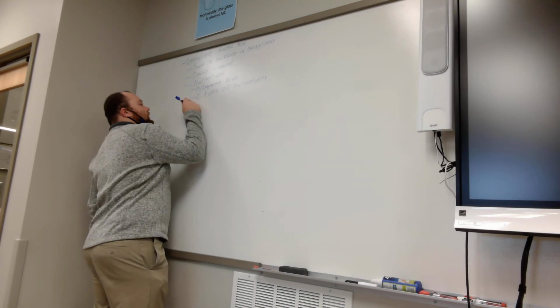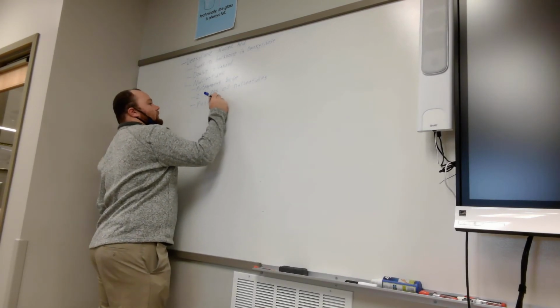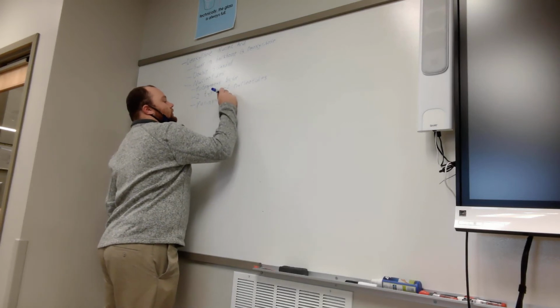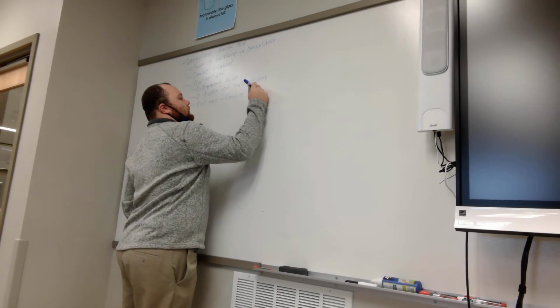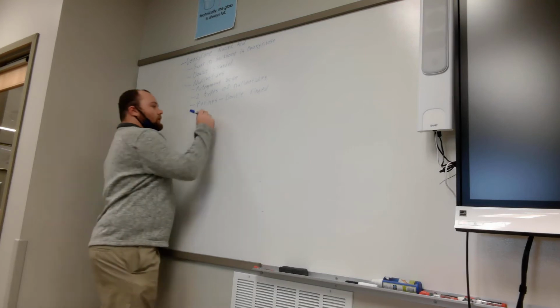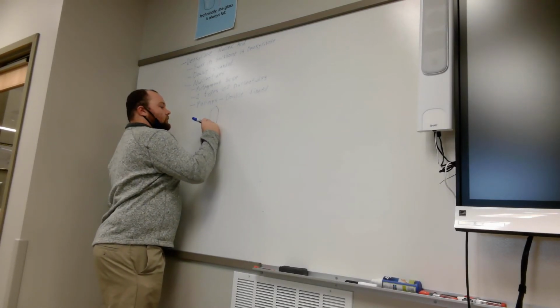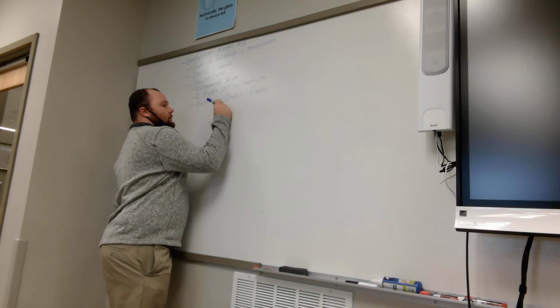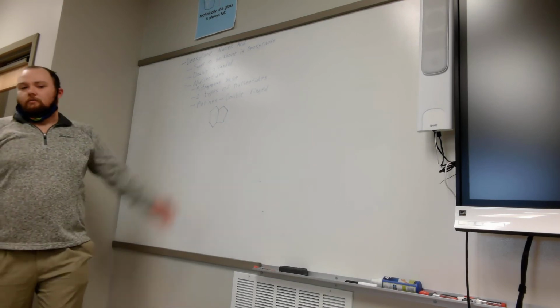Okay, so you're going to have these things called purines, okay? And they are double ringed, okay? They both kind of look like this, all right? We'll draw a hexagon, and then off of that, there is a pentagon, okay?